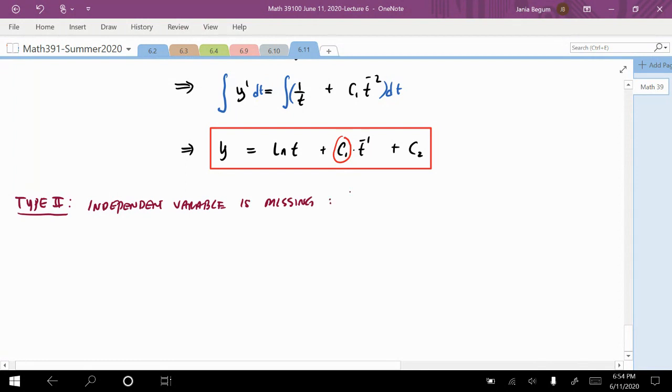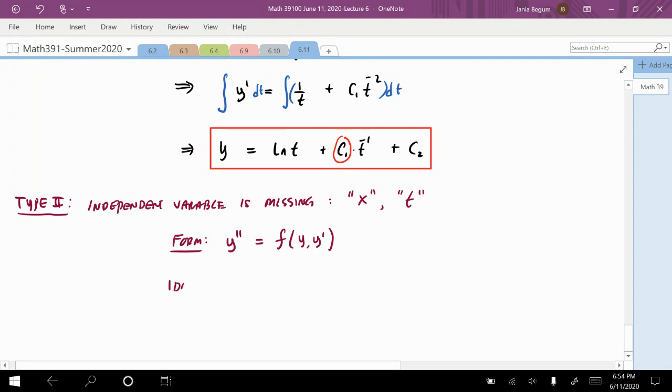Our independent variable could be x or it could be t, so it's removed from the equation. So you'll have an equation of the form y double prime is a function of y and y prime.